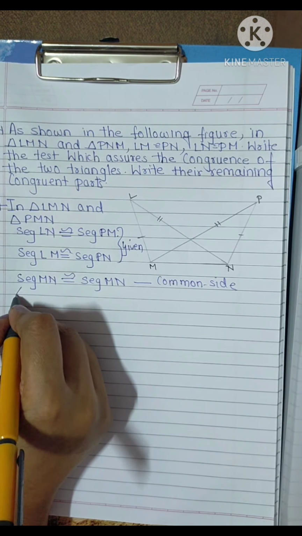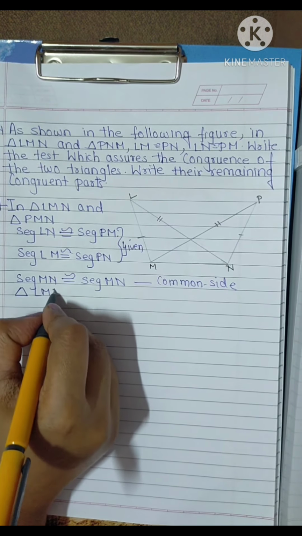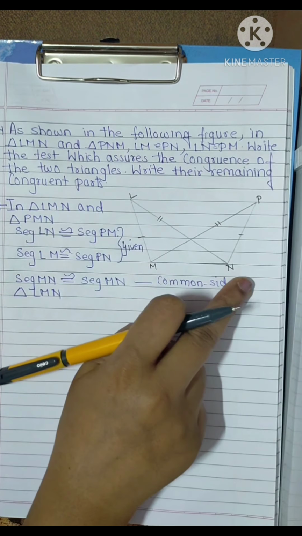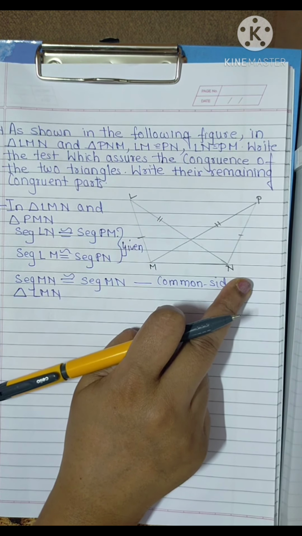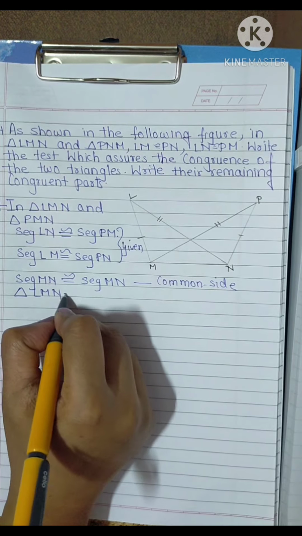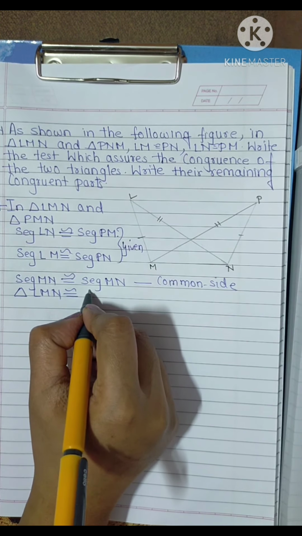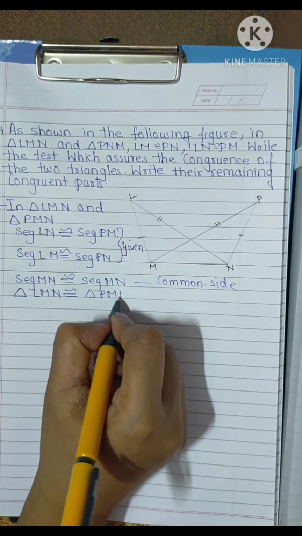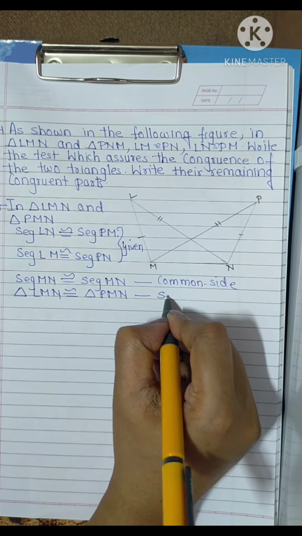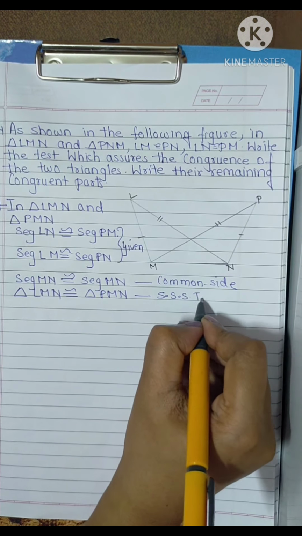Now again, triangle LMN is congruent to triangle PMN by the SSS test. Okay.